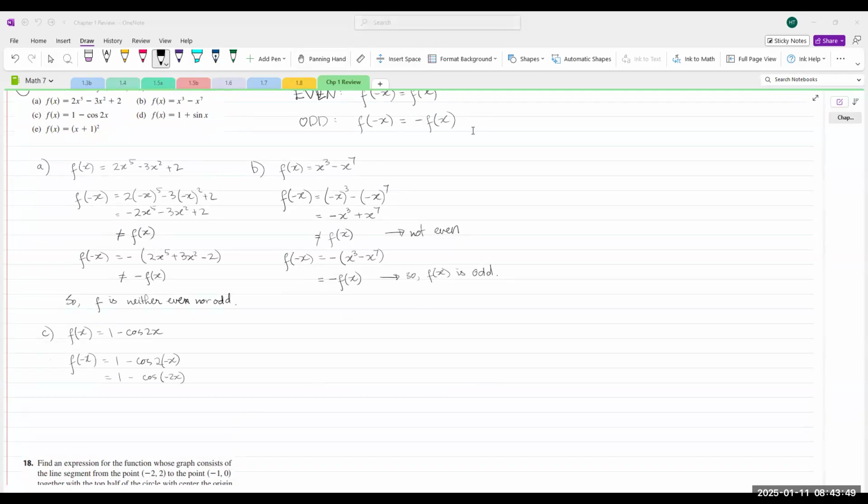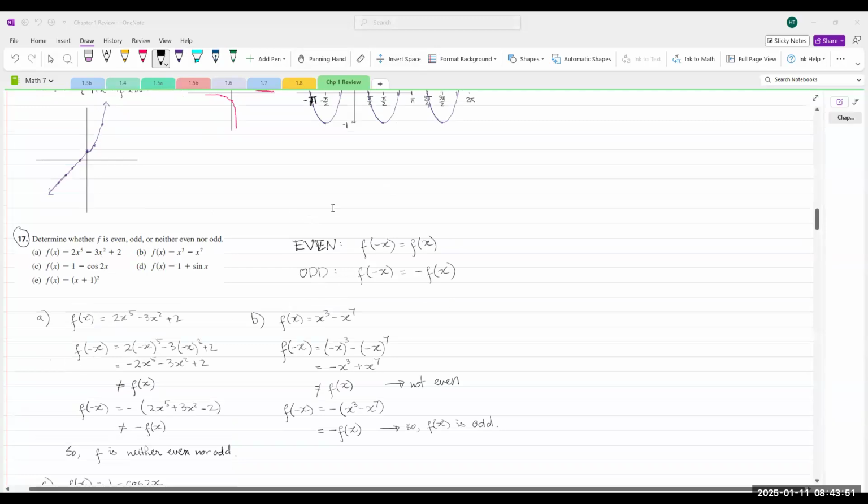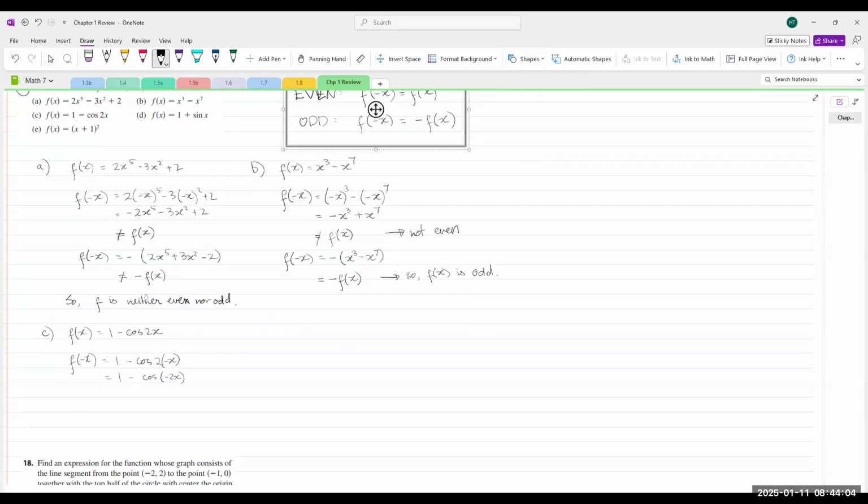Yes, that's what I explained here, a function is even for what, odd for what. So let me box it. But then cosine of a negative equals cosine of the positive. We learned that in pre-calculus, right? And from there we see this equals f(x). So from here we say that f is even.